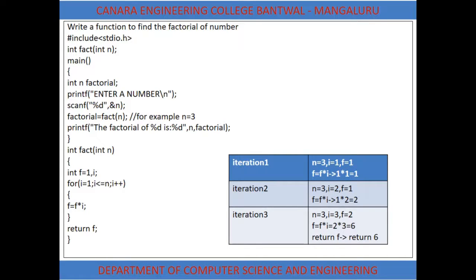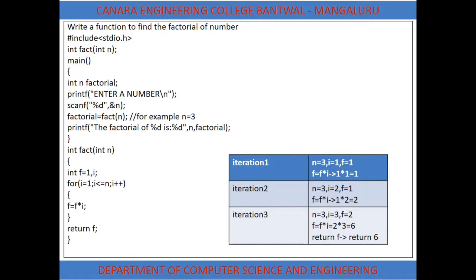So next int f equal to 1, comma I, because I'll make use of the for loop and compute the factorial. Then I need to store the intermediate results, that is the factorial of the number. So that's why I have made use of f over here to store the intermediate result of the factorial calculation.